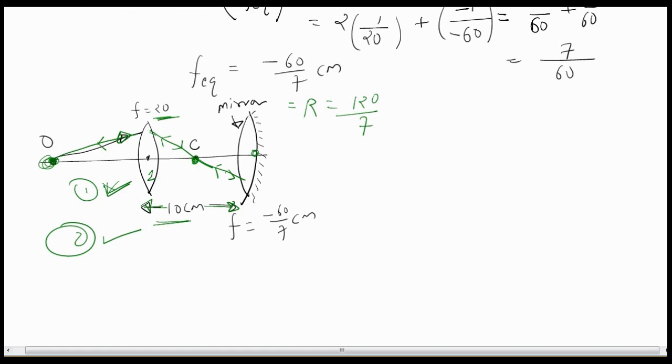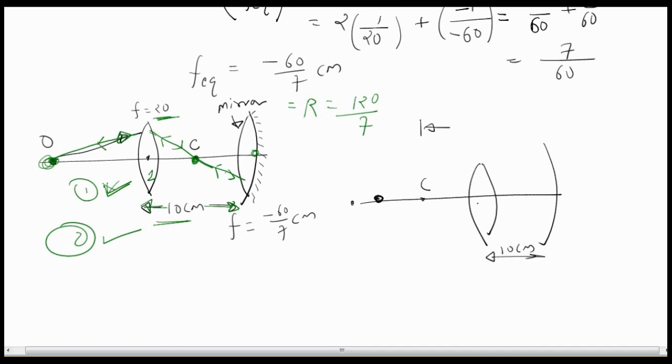For the object image on C, one case may be that C is beyond the lens and the lens forms a virtual image of the object on C. It may be the case that the object is placed somewhere here, less than 20 centimeter distance, because now a virtual image of the object is formed at C of the mirror. This distance is 10 centimeter.